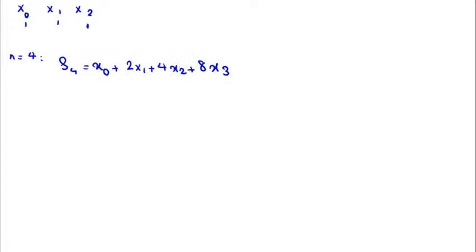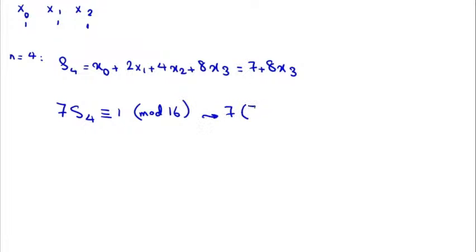So 1 plus 2 plus 4, which will be 7 plus 8x3. And also, we know 7S4 is congruent to 1 mod 16. Now, if we replace S4 with 7 plus 8x3, it will be congruent to 1 mod 16.